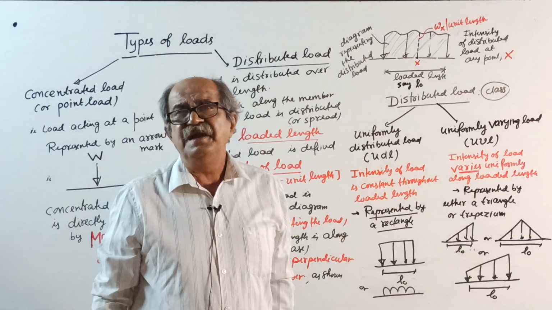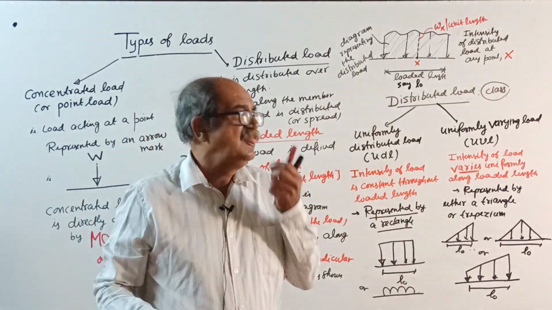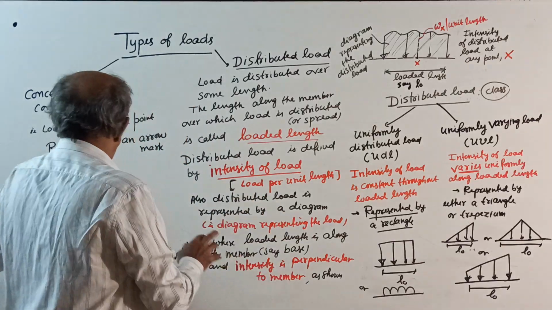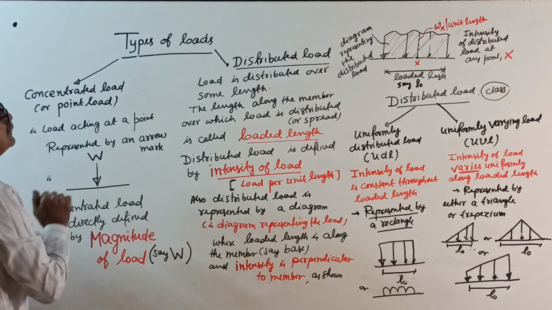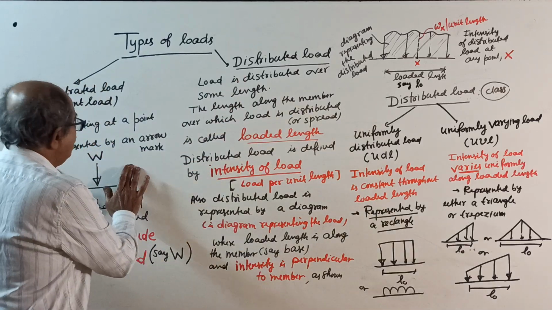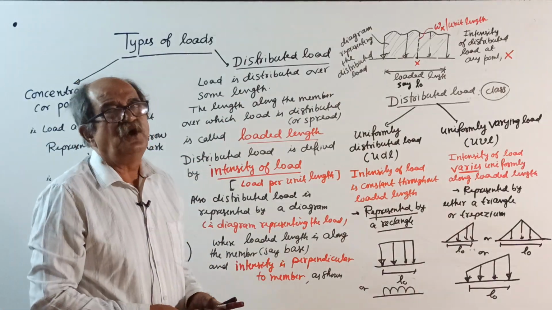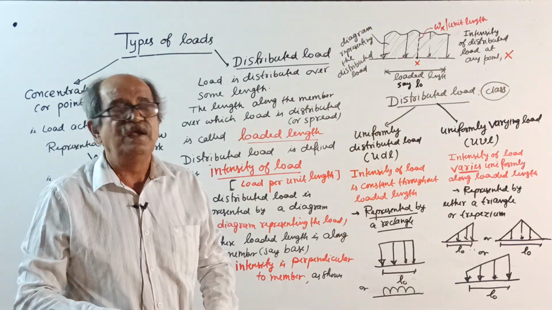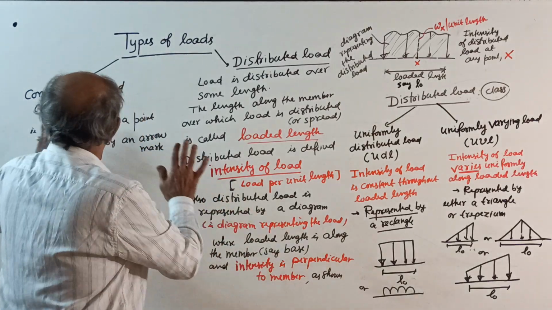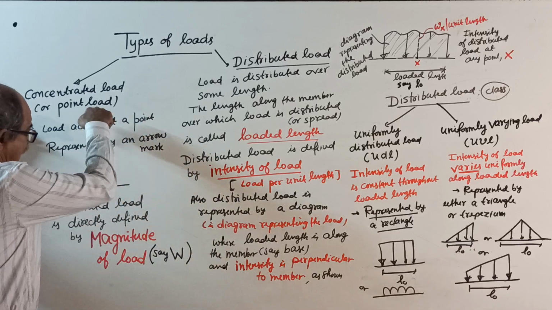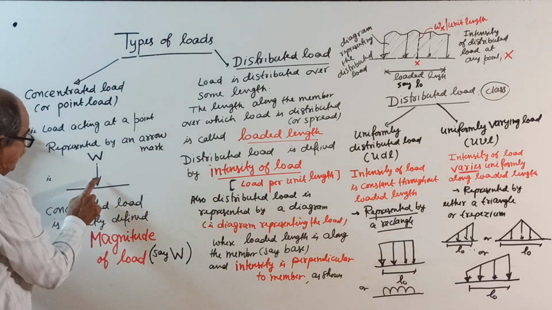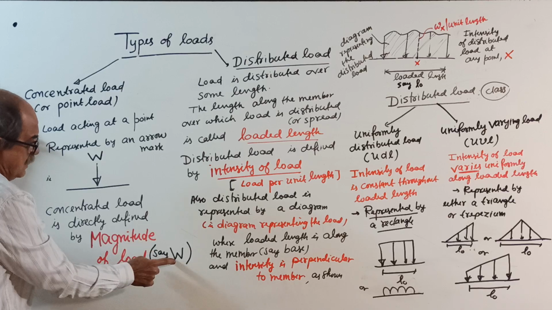Therefore, right now I am giving introduction. So understand that way. It is acting at a point represented by an arrow mark. Further I will not tell because actually majority of people know point load. Still, from the subject point of view, this is over now: load acting at a point, represented by an arrow mark, defined by magnitude, that is W, say.